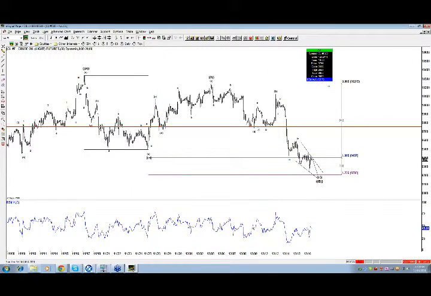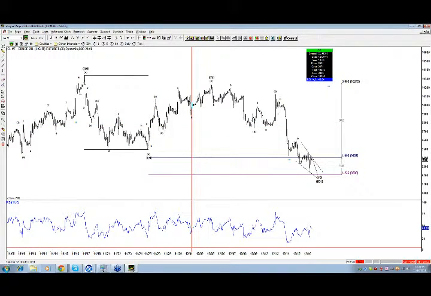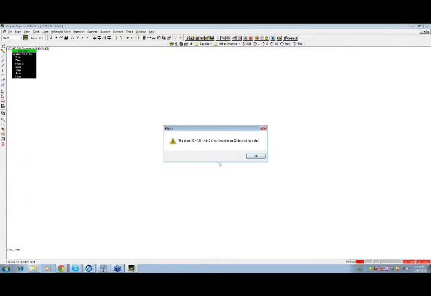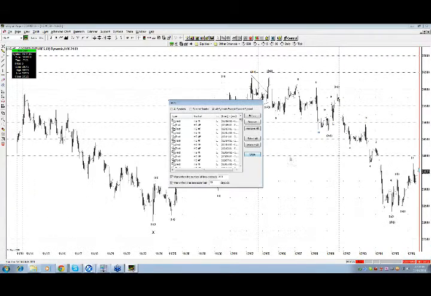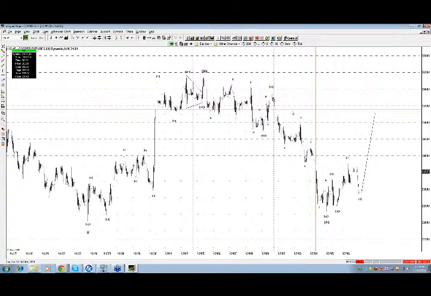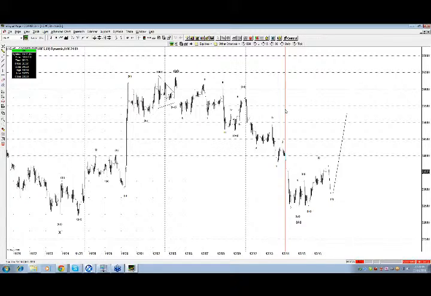Now, this is oil. With copper, I tell you the truth, I doubted the other day. I doubted the scenario in copper the other day, and it proved me one thing, guys. When you are an Elliott Wave analyst, you have to stick with your count until the market proves you wrong.